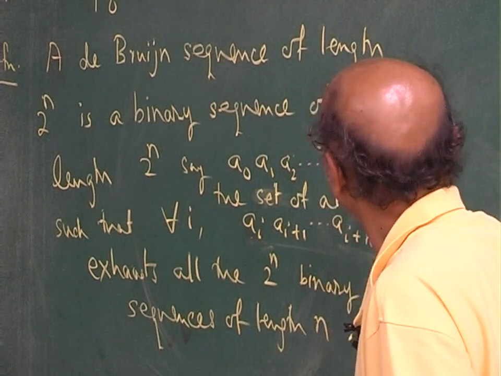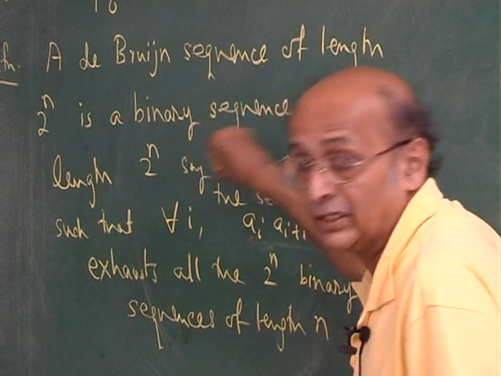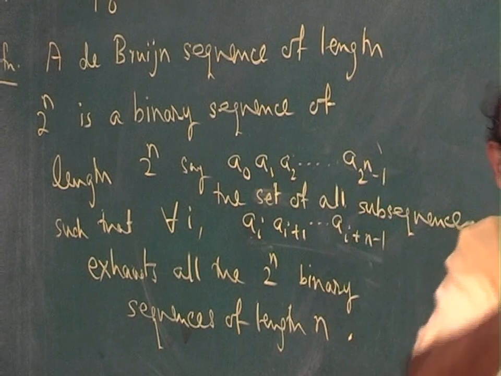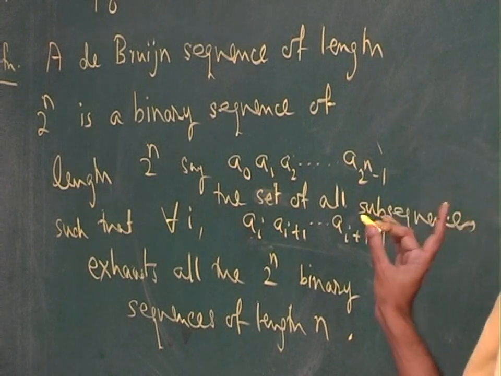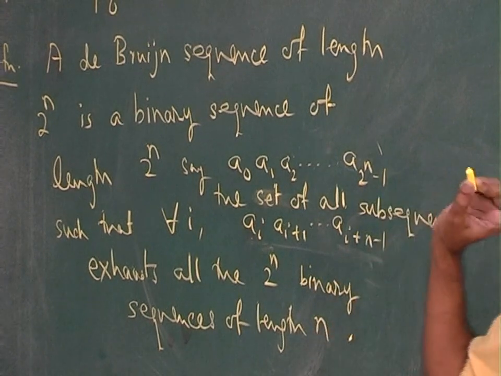This is to be read cyclically. What does that mean? So going from here, then I go back there that way. So these are written on a circle. This is not linear. It's a cyclic arrangement. Okay?